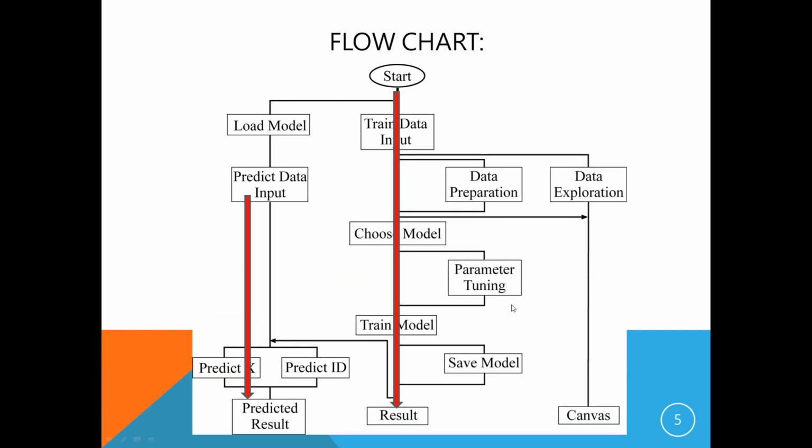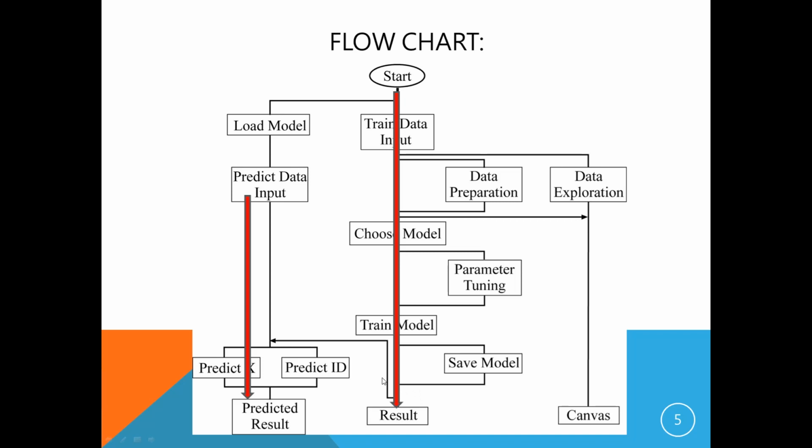And that's my flow chart here. In this section, we just follow two routines. The first routine is from the start to input, choose a model, train the model, and get the result.